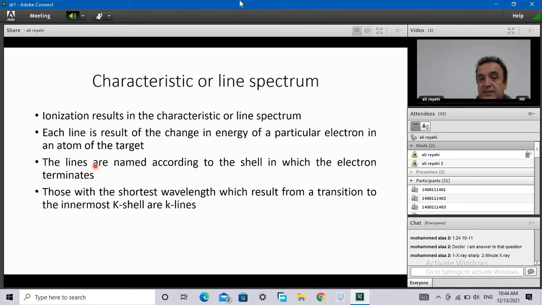Please notice again, the lines are named according to the shell in which the electron terminates. I want to show you again. It is the nucleus of the atom. It is the K shell, the L shell, and the outer shells.